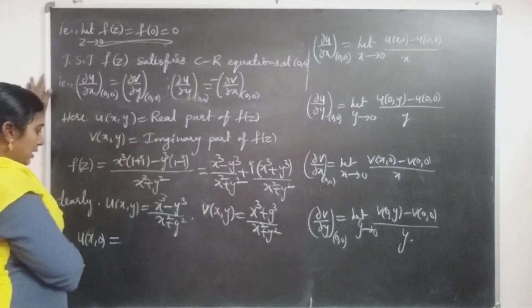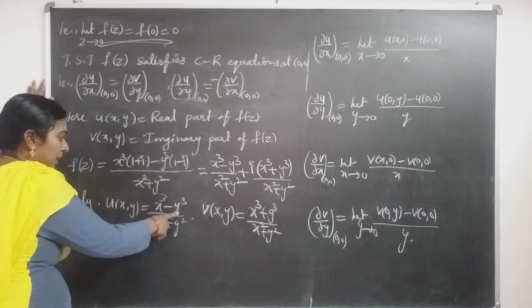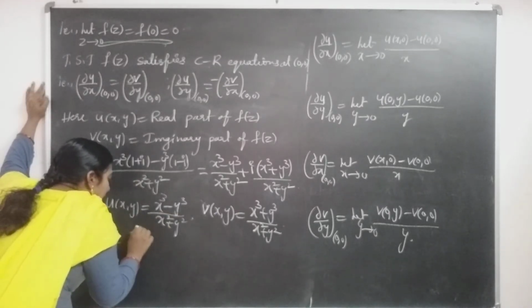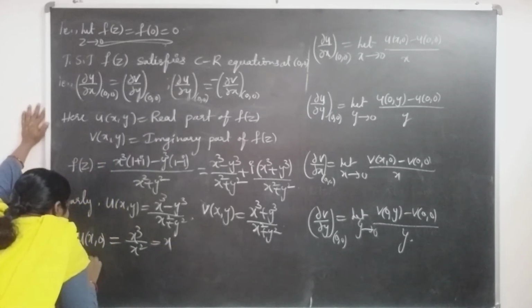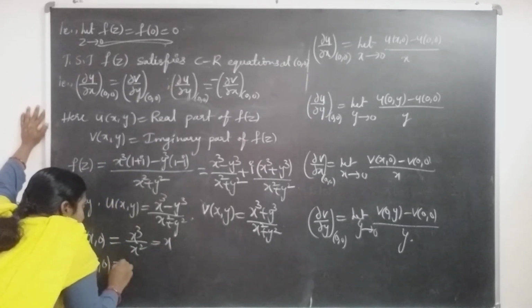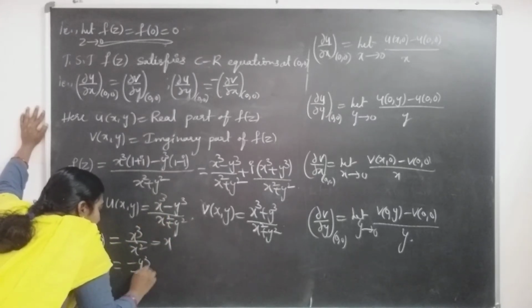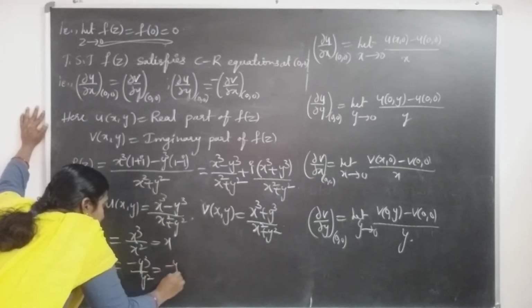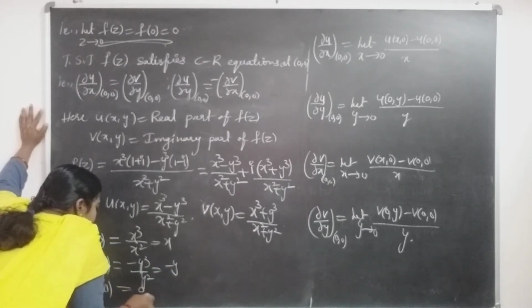Here first we calculate u of x comma 0, meaning in the place of y, 0, we get x cube by x square, this is x. Next, u of 0 comma y, the x terms will be 0, that is minus y cube by y square, it is equal to minus y. u of 0 comma 0 is clearly 0.